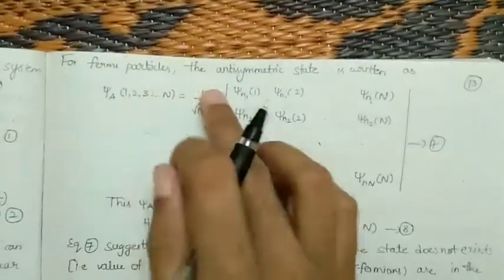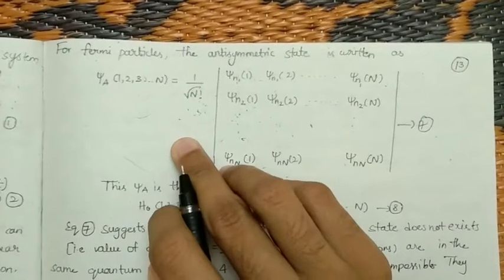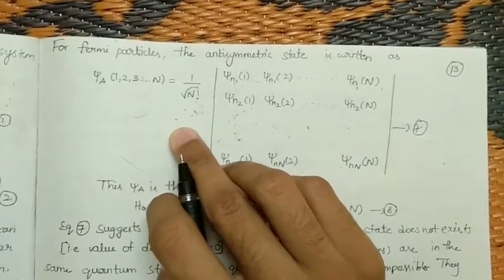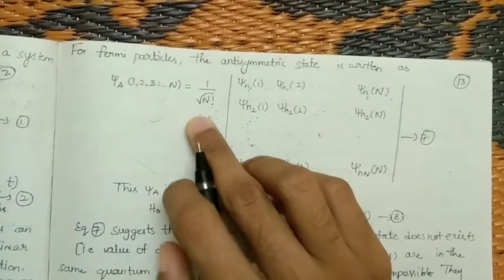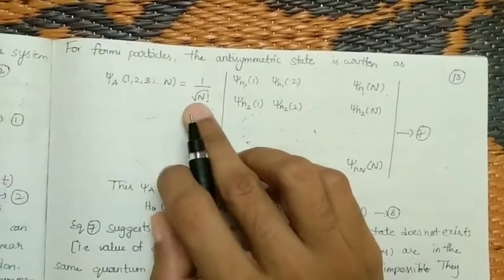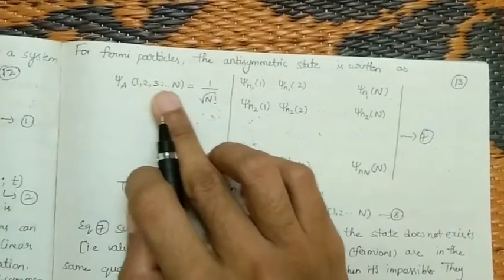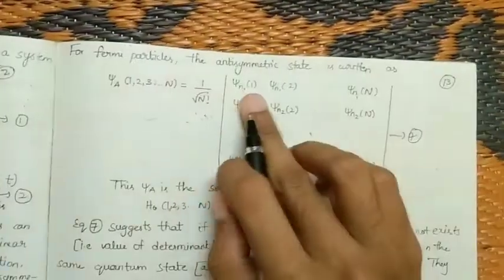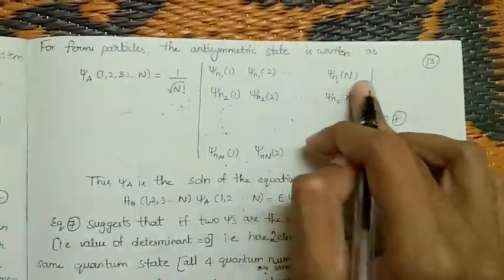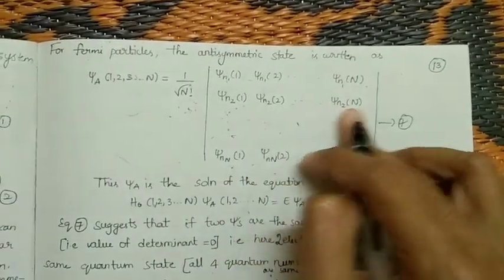So for the Fermi particles, the antisymmetric state is written as follows. If we see the antisymmetric wave function for a system of n particles, fermions like electrons, it could be written as xi a, meaning antisymmetric, of 1, 2, 3 and so on, n, is equal to 1 by root n factorial times the determinant of n1 of 1, n1 of 2, n1 of n, and n2 of 1, n2 of 2, and n2 of n.